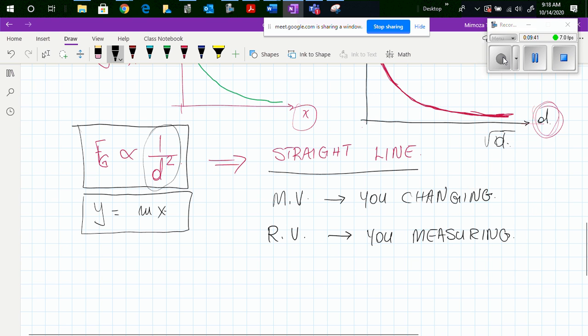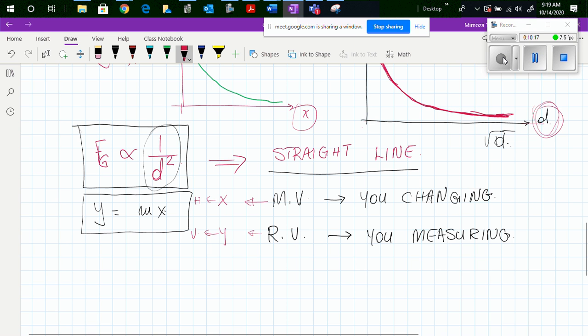Okay, so now in this case, and actually in every case, the manipulated variable is represented by the x, or the horizontal axis, and the responding variable is represented by y, or the vertical axis. Always keep this as the guide for you to straighten the line, because it doesn't matter what the equation is.